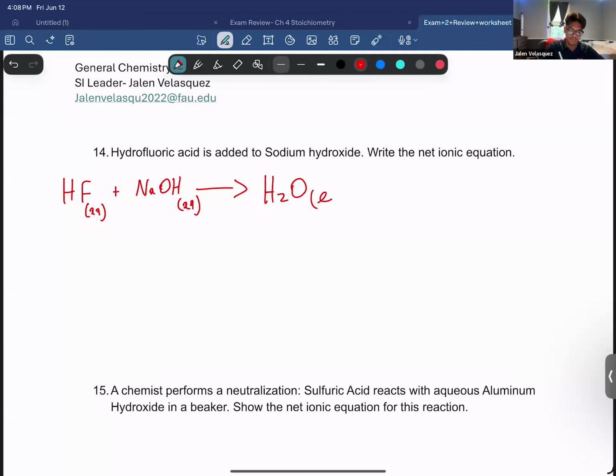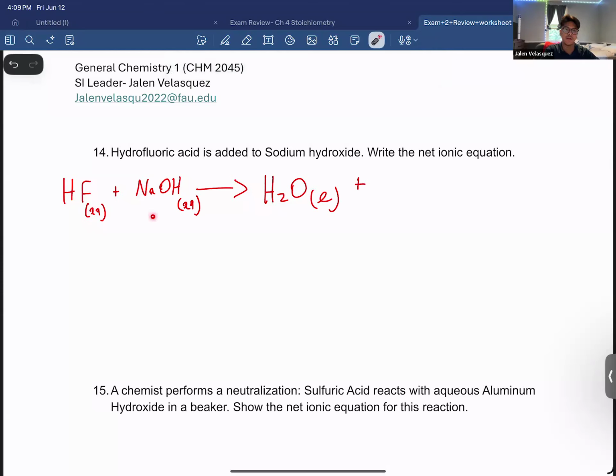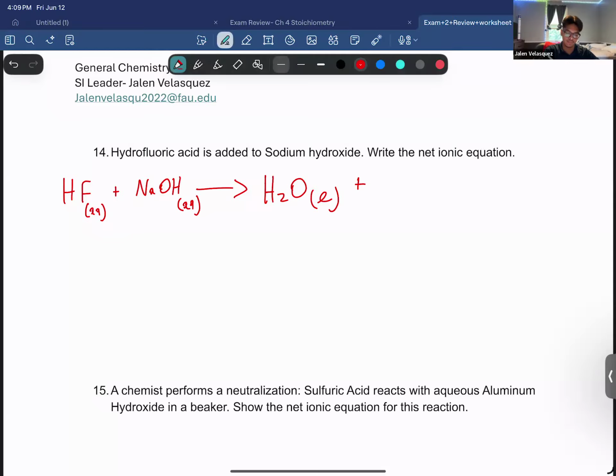H2O is liquid. And now what's the salt? It's Na and F, right? Sodium fluoride is my salt. And remember that salt is just a generic term for any ionic compound. Okay, so this is what your equation should look like.